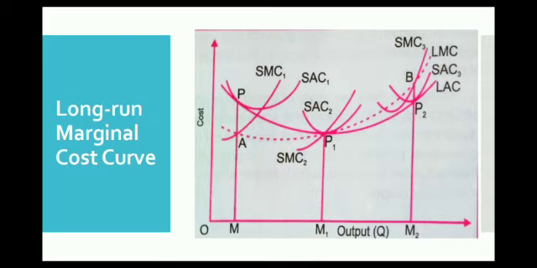This point of tangency, P1, is also the point of SMC2, corresponding to output OM1. It is the minimum point of SAC2 at which the curve SMC2 cuts it from below. Thus, point P1 must also lie on the LMC curve corresponding to output OM1. At point P1, the minimum points of SAC2 and LAC coincide.